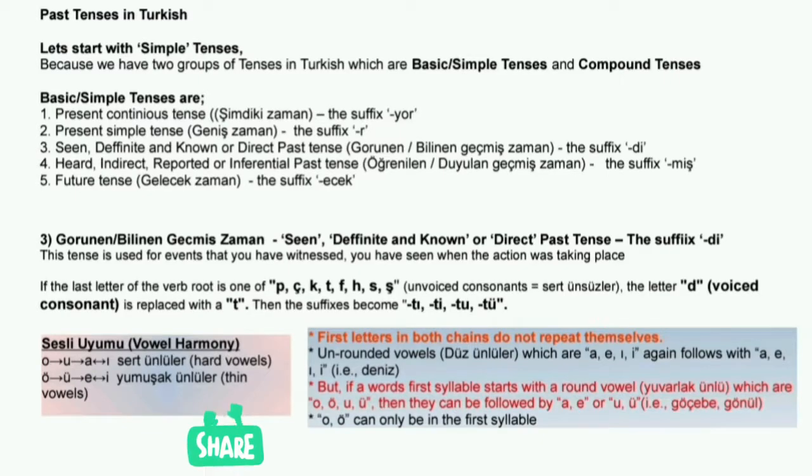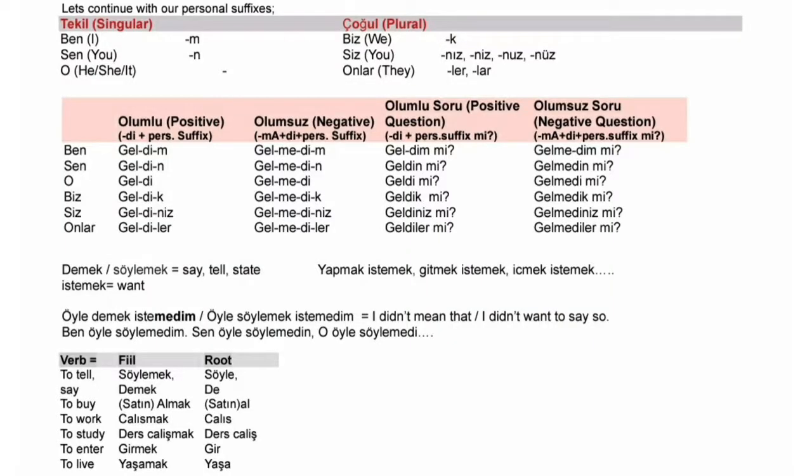Okay, let's continue then. Let's remember our personal suffixes. In this tense, it's slightly changing. Our suffixes for ben, m; sen, n; o, we still don't have any suffix. Biz, k; siz, nız, niz, nuz, nüz; onlar, ler, again the same.